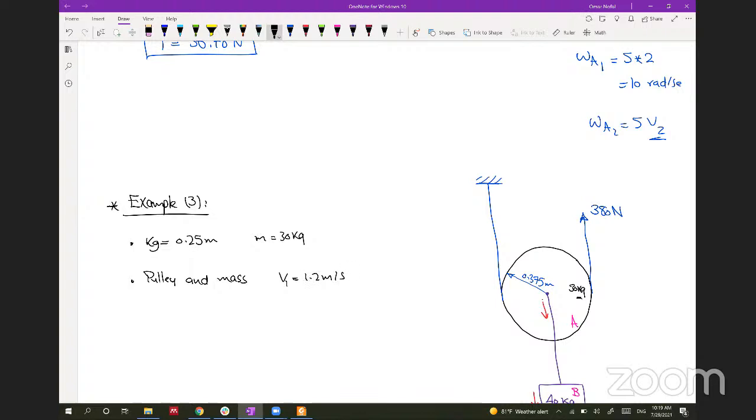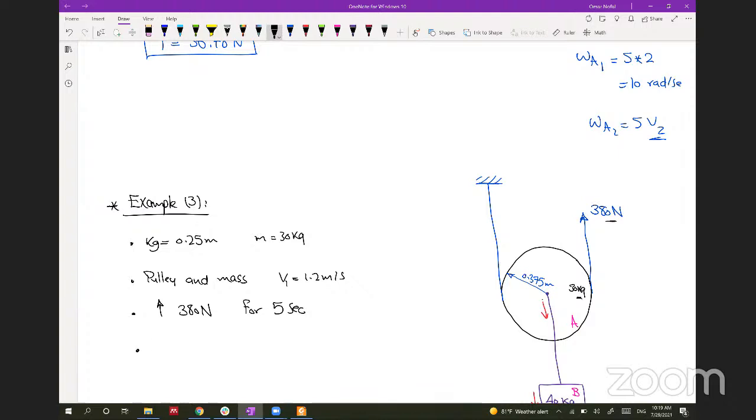So it doesn't start from rest. And the force, this one, the 380 Newton, acted for 5 seconds. So it has an impulse, force multiplied by time, and this impulse time was 5 seconds.